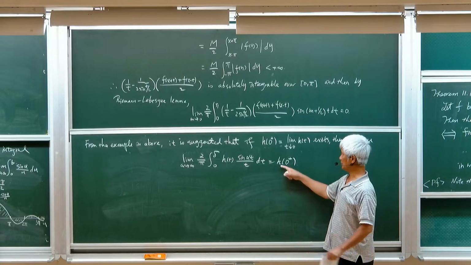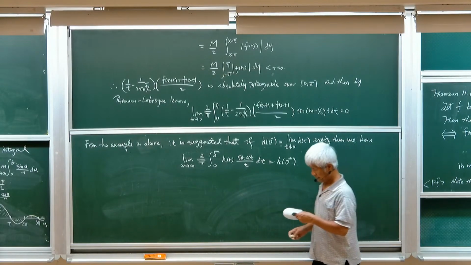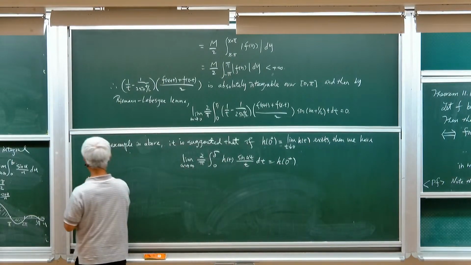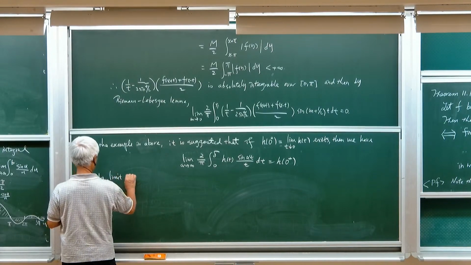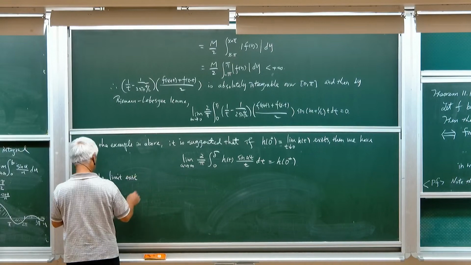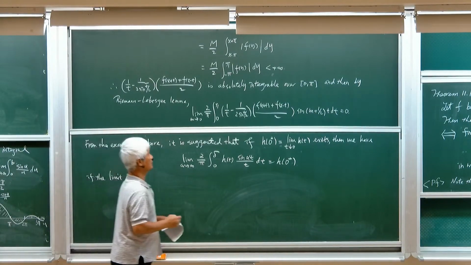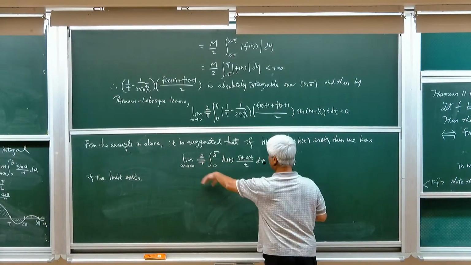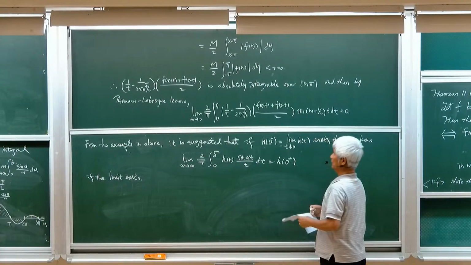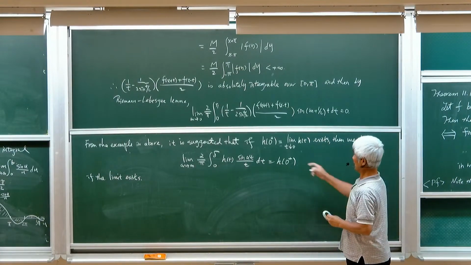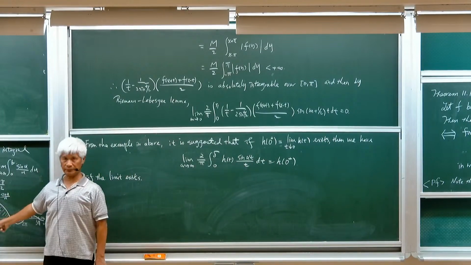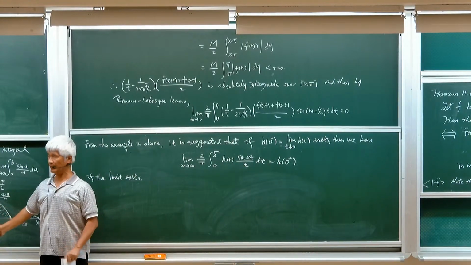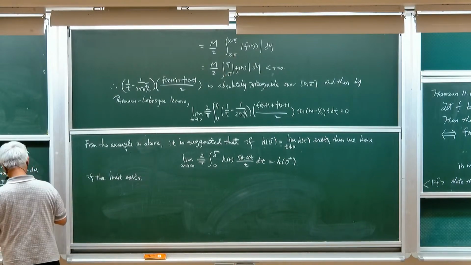Okay, so this is equal to that if the limit exists. So if the limit of this integral exists, then we should have that. So this is suggested from the previous example, as we can see.